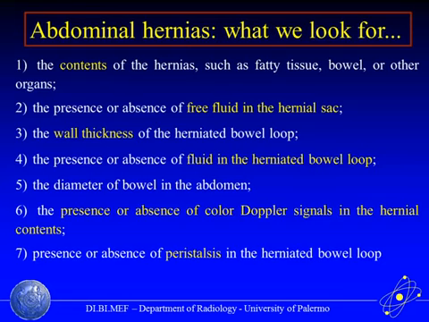We have to look at the wall thickness of the herniated bowel loop, the diameter of the bowel in the abdomen, not in the herniated loop, the presence or absence of color Doppler signals in the hernial contents, and the presence or absence of peristalsis in the herniated bowel loop. Because all these signs might be useful in order to differentiate between strangulation and incarceration.